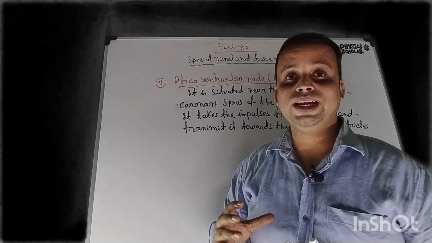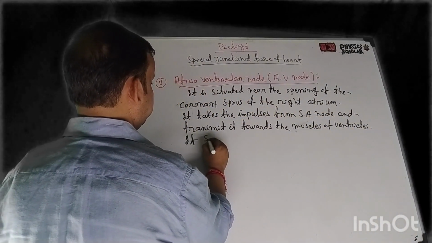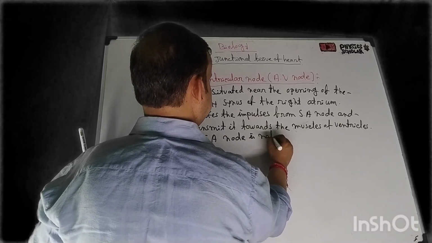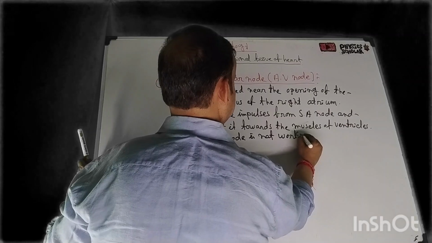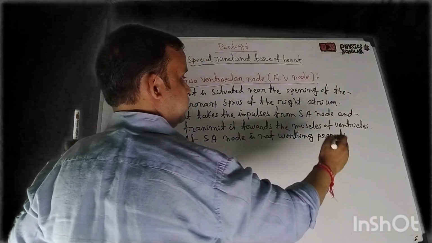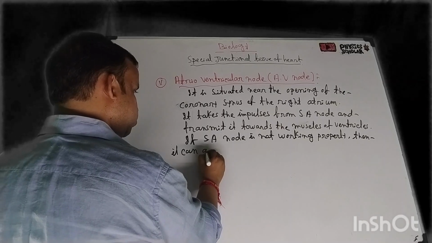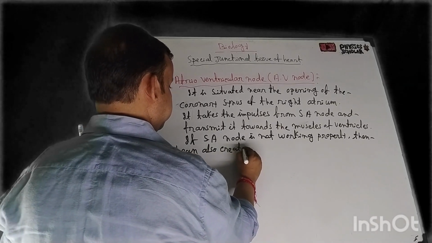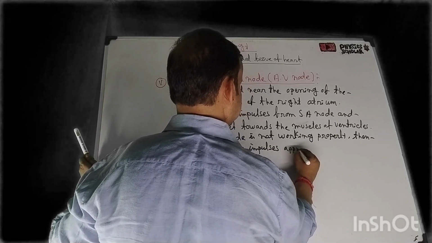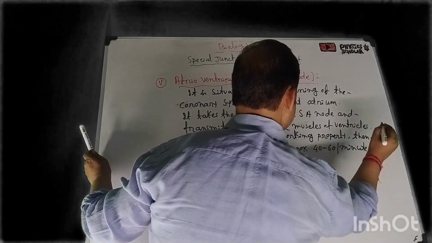But if the SA node, the sinoauricular node, is not working properly, then the AV node can also create impulses, approximately 40 to 60 per minute. Clear?